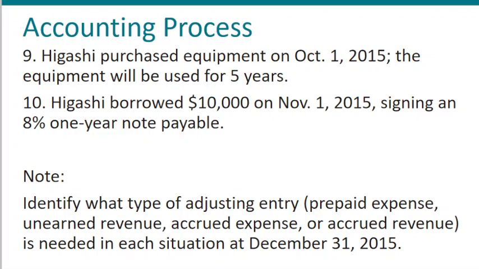Number 10, Higashi borrowed $10,000 on November 1, 2015, signing an 8% 1-year note payable. Take note, you have to identify what type of adjusting entry, either it is prepaid, unearned, accrued expense, or accrued revenue. Okay? By December 31, 2015.